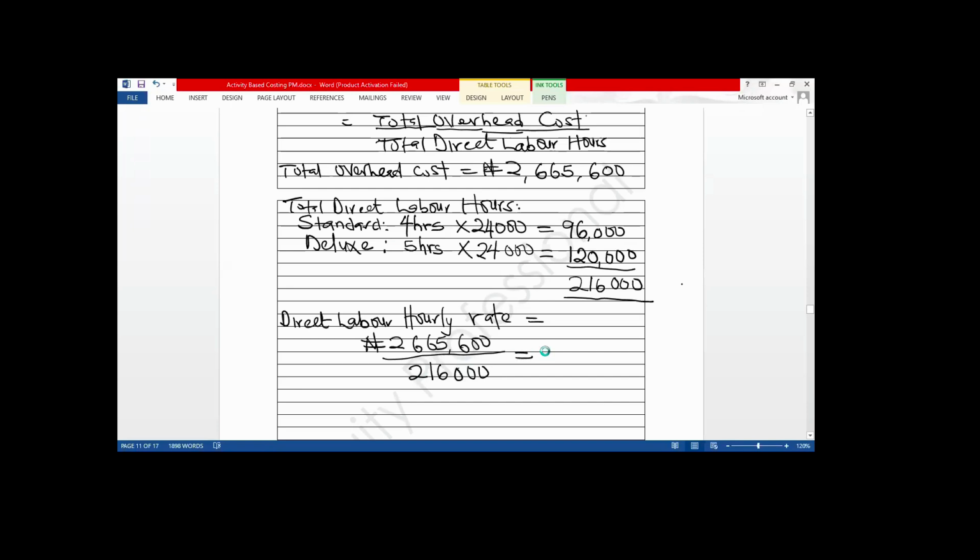Please, what do you have here? 12 naira 34 kobo. This is the direct labor hourly rate.